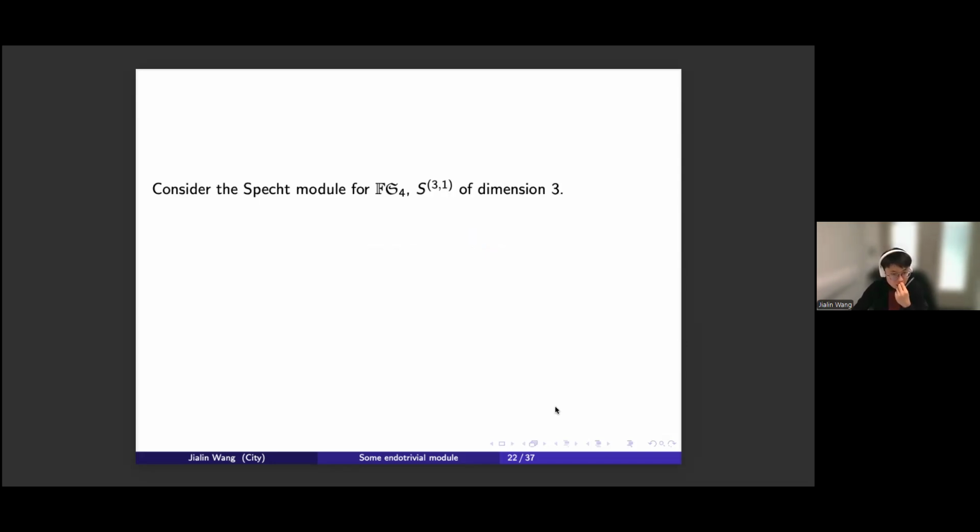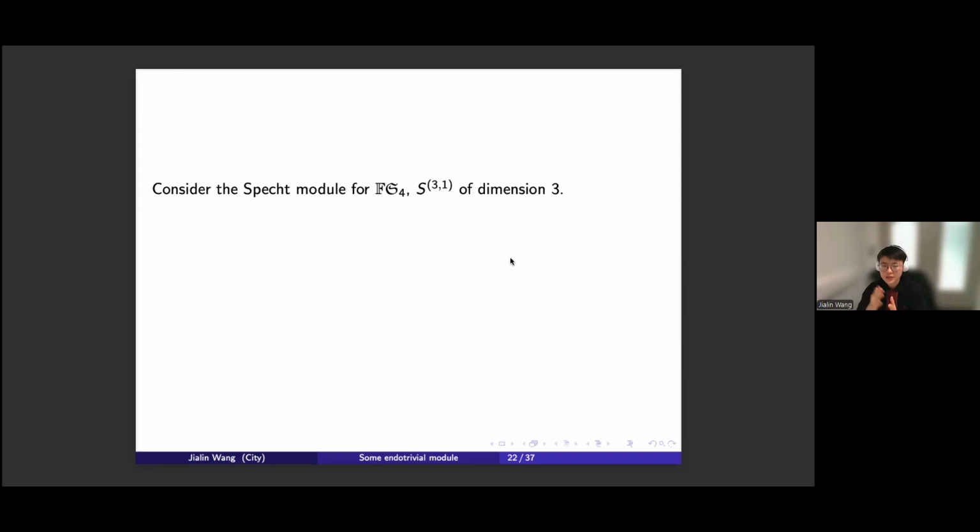So in the case when we have S4, we are going to consider the Specht module for S4 labeled by the partition (3,1), S31, and it has dimension 3. Okay. I'm not sure if you are familiar with the Specht modules.